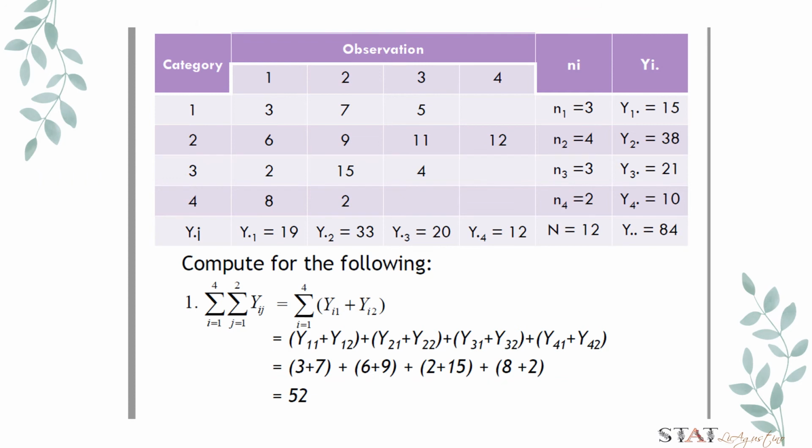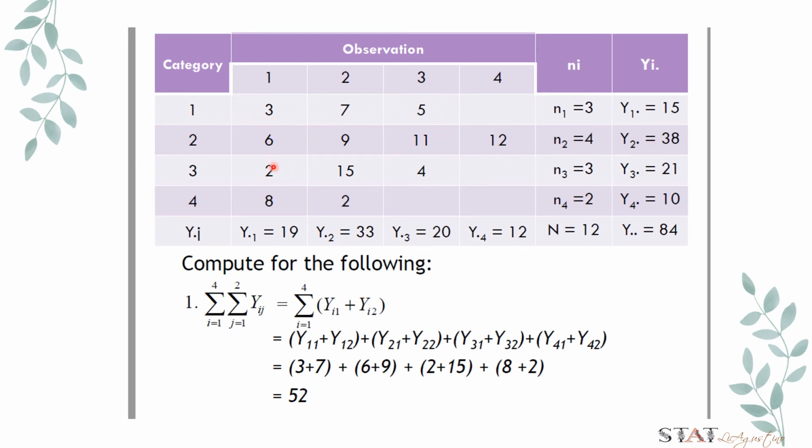Okay, to give you an example, we have here 4 categories and the number of replications or observations in the different categories. Our number of observations n1 in category 1 is 3, because we have 1, 2, 3 observations.